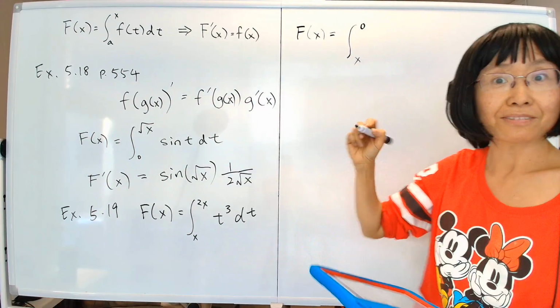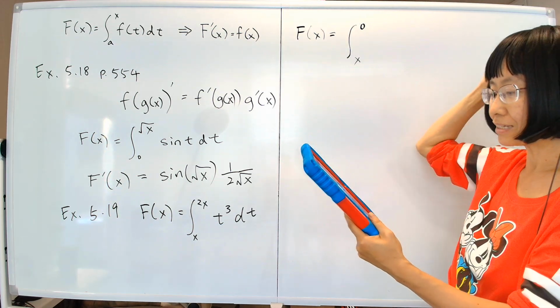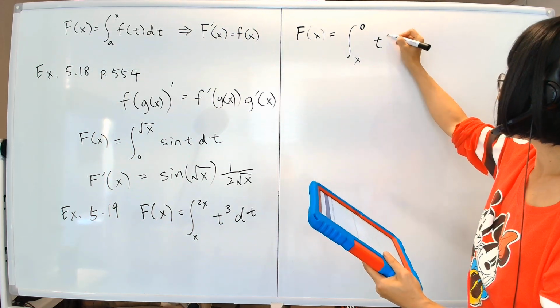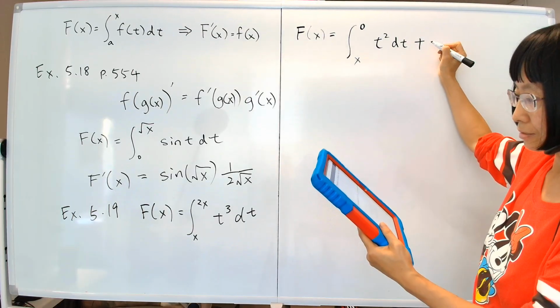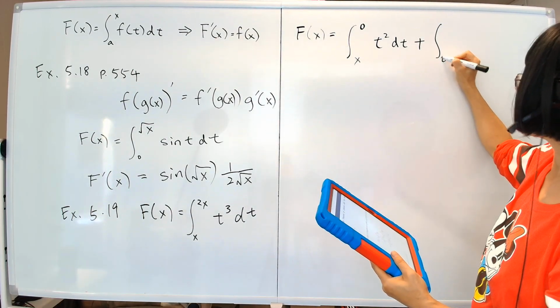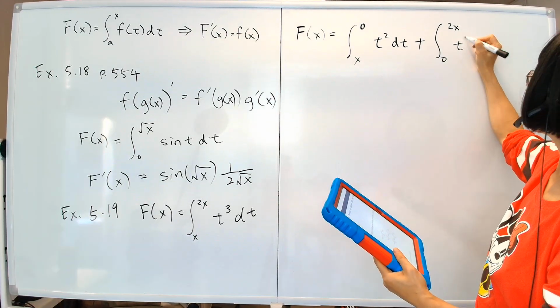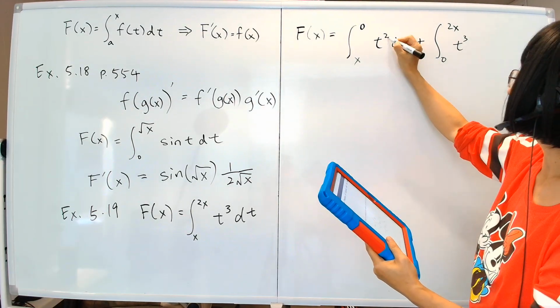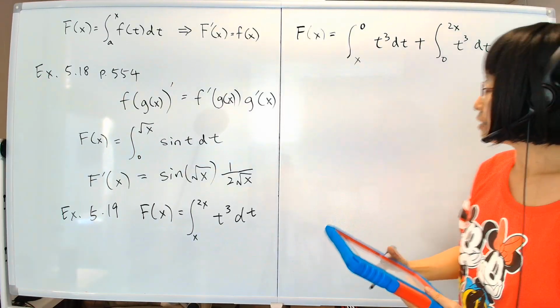Doesn't matter what, really. It all works, but we'll pick 0 because 0 is usually easier. So we'll pick 0, t cubed dt, plus the other one from 0 to 2x, t cubed dt. All right, so far so good.